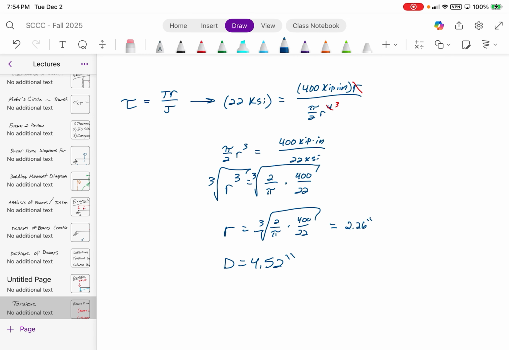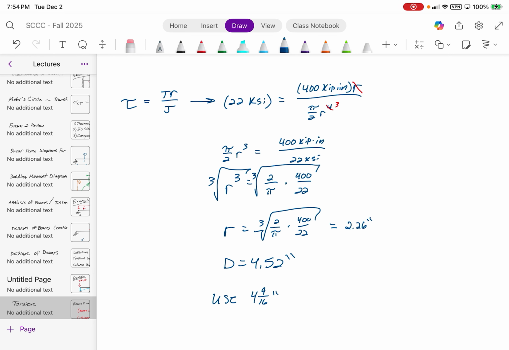Use 4 and 9/16. Why not 4.5? You always round up. Yes. So, use 4 and 9/16 of an inch because we have to maintain a minimum factor of safety of 2.